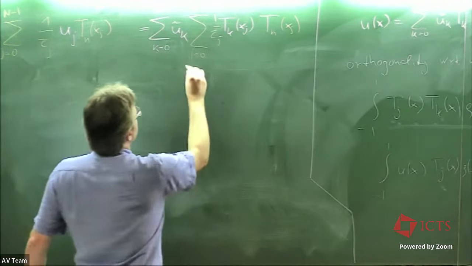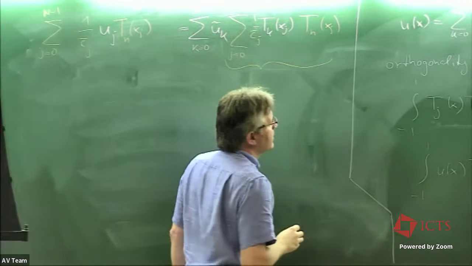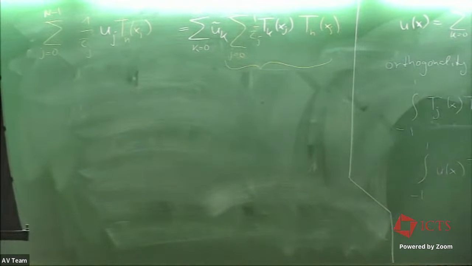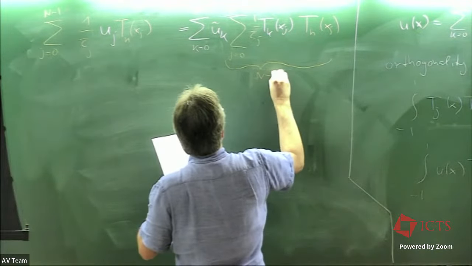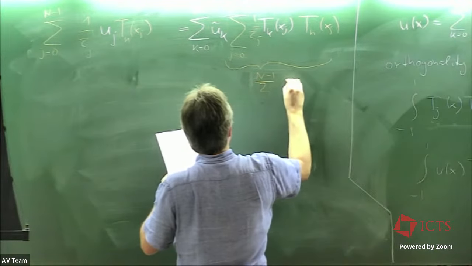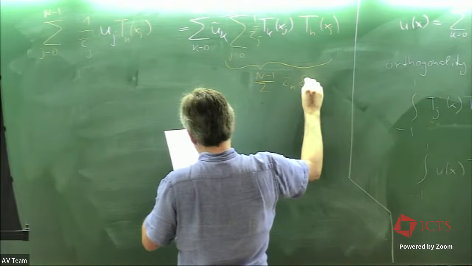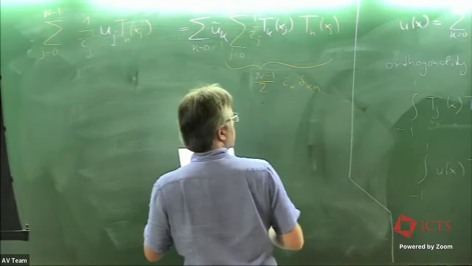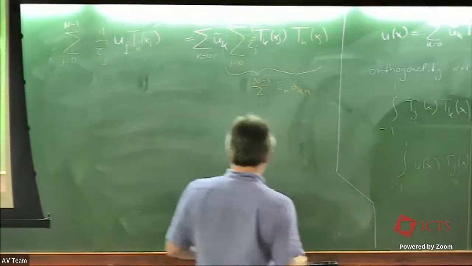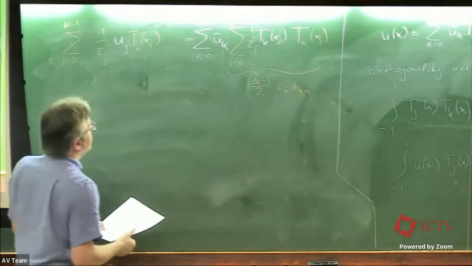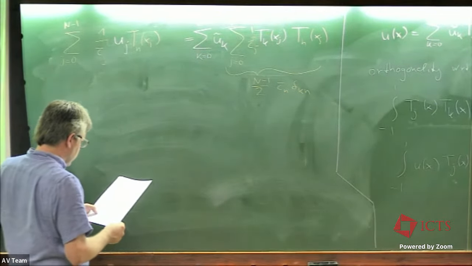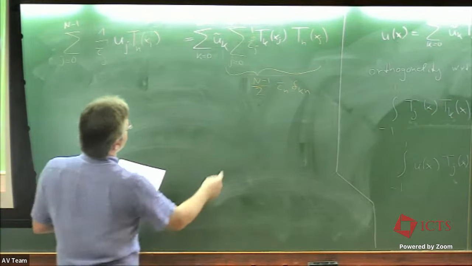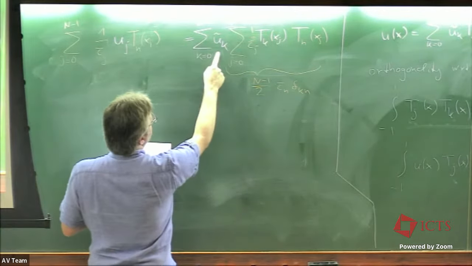And this term here is now precisely the orthogonality, unless I have messed up, which I don't think I have this time around. So this is n minus 1 over 2 c bar_n delta_kn. And therefore, the entire left-hand side is basically a constant times the u_n.